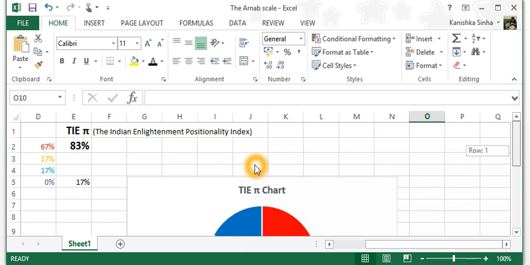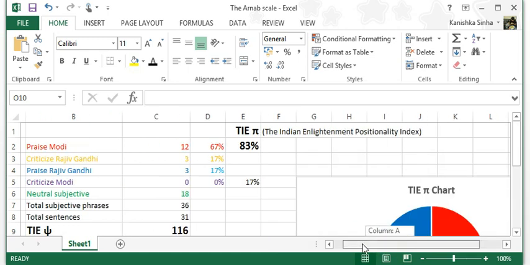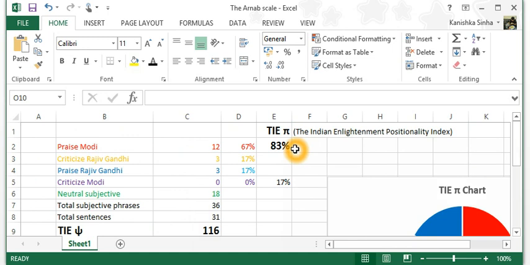That is a mechanism for evaluating the level of subjectivity, which is the TIE Psi index, and the level of positionality, which is the TIE Pi index. And over a period of time, we could do it for articles, we could do it for journalists.